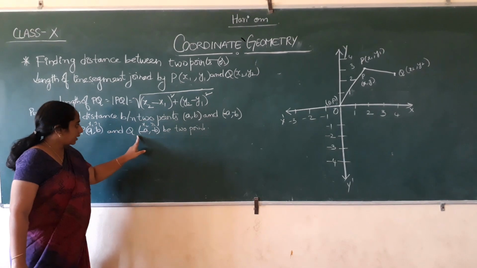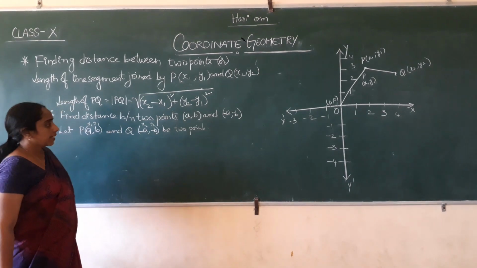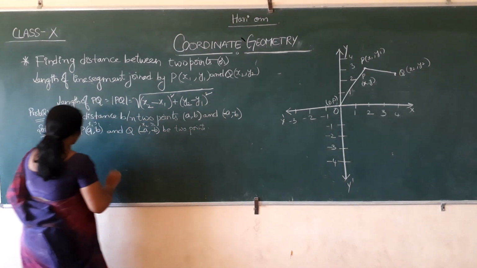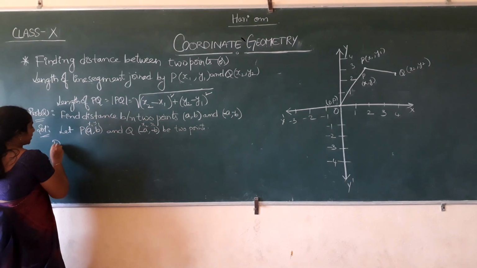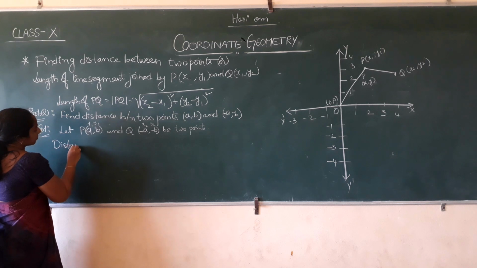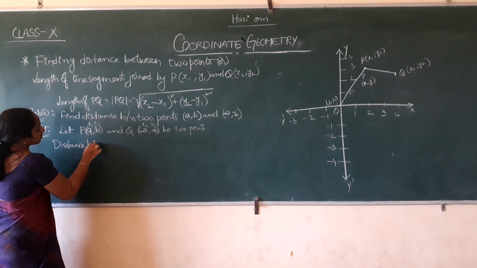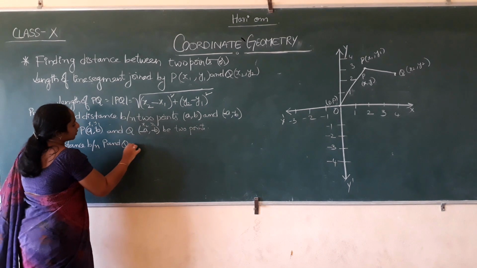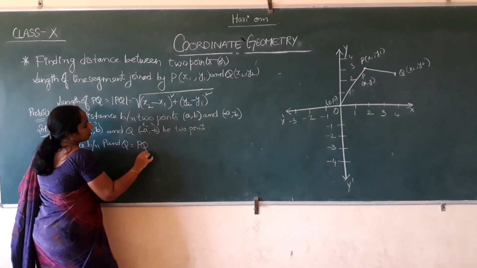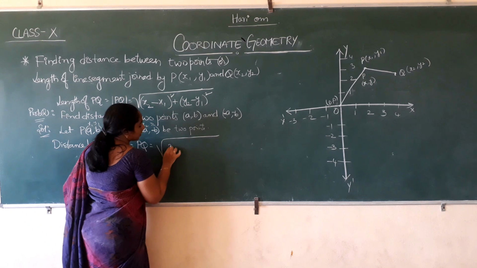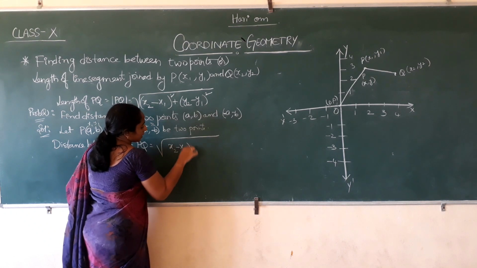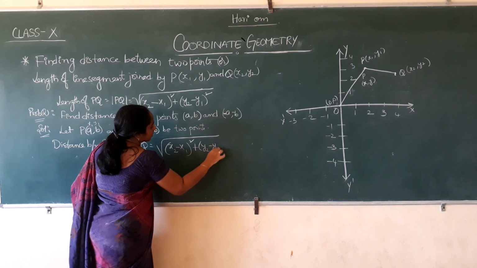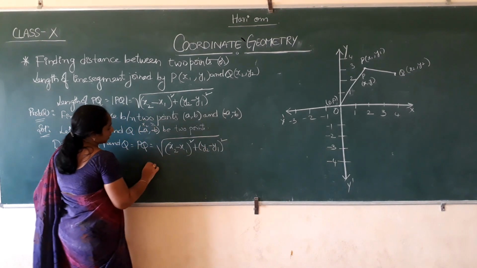Take the points P (a, b) and Q (minus a, minus b). The distance between P and Q, PQ, is the square root of (x2 minus x1) whole square plus (y2 minus y1) whole square.